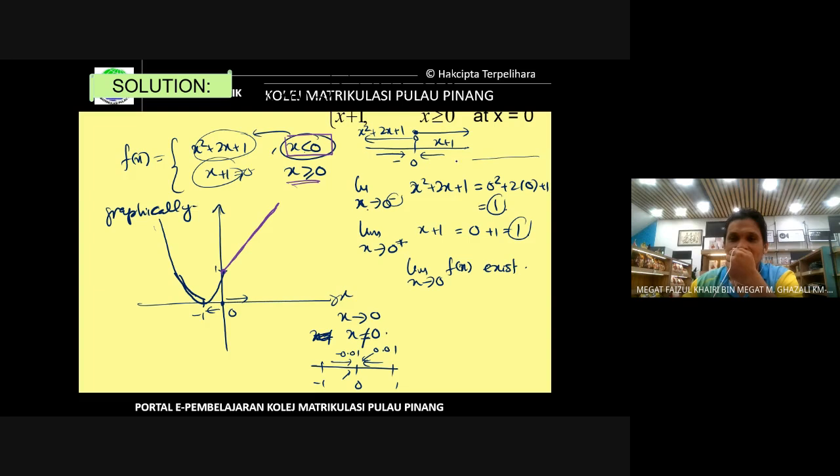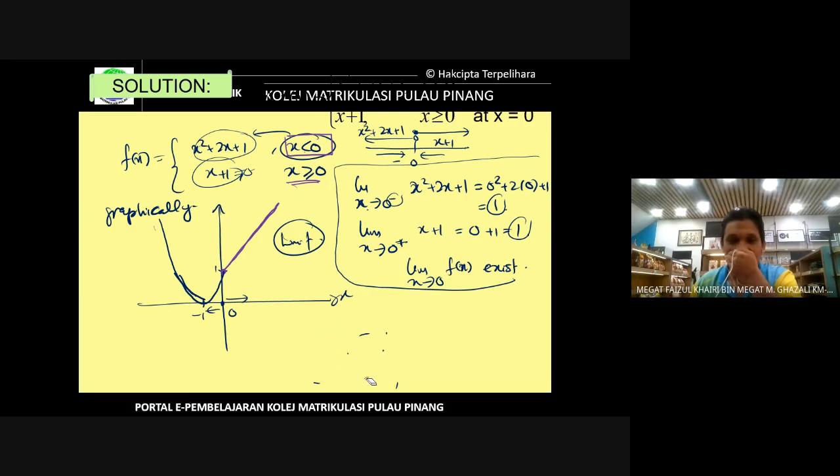Okay, class. This is the condition of limit. Limit first, not continuity yet. Belum selanjar lagi, baru had ataupun limit sahaja. Now we add another condition, when x is exactly equal to 0.